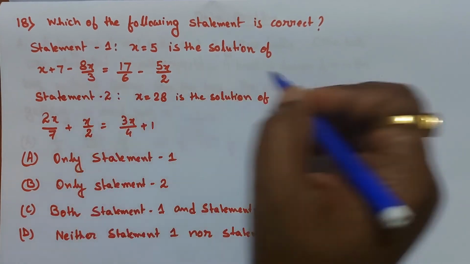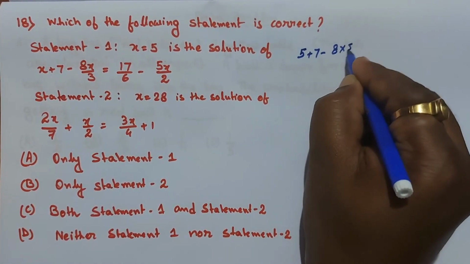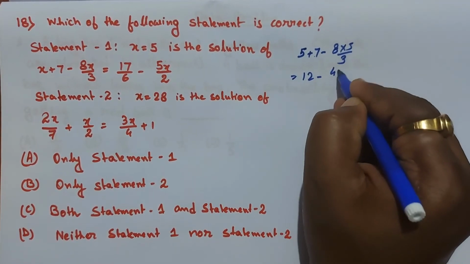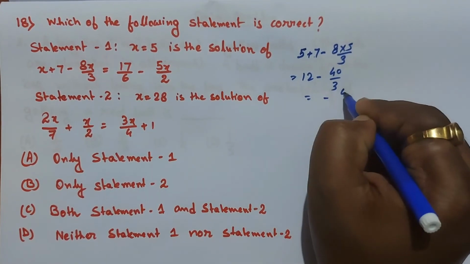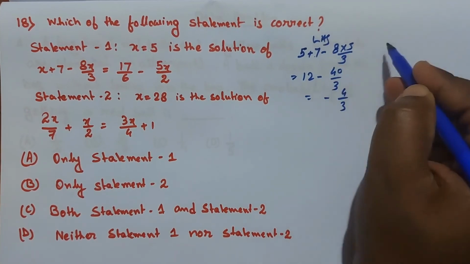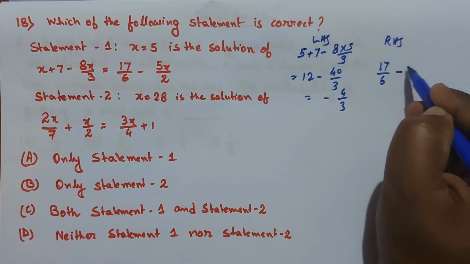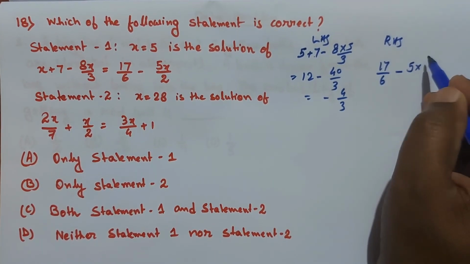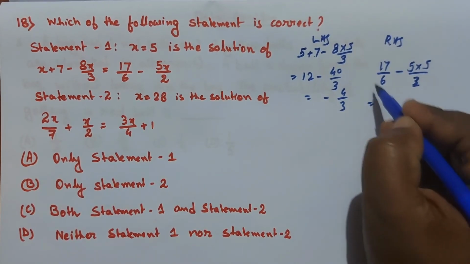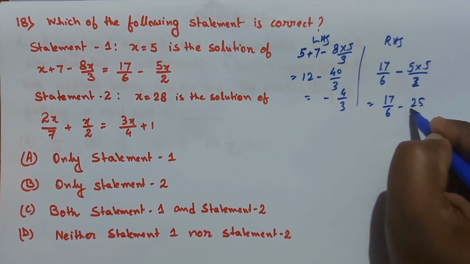So x plus 7 means 5 plus 7 minus 8 into 5 by 3, which is 12 minus 40 by 3, which equals minus 4 by 3 for the left hand side. For the right hand side, 17 by 6 minus 5 into 5 by 2, so this is 17 by 6 minus 25 by 2.